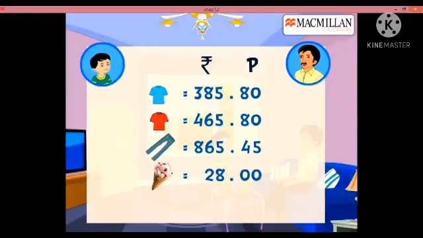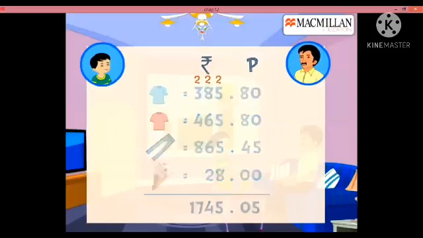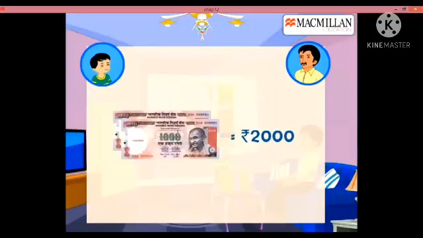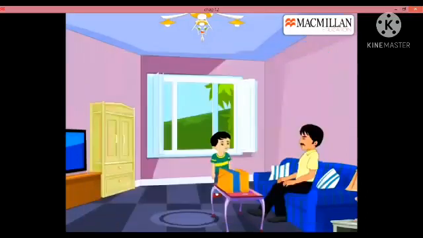Correctly done. Now add the values. Okay, Dad. Good. See, wasn't that easy? Yes, Dad. That was easy. Now let's do subtraction. All right. Now suppose your mother gave 2000 rupees to the shopkeeper. Then what amount would the shopkeeper have given back to your mother? That means to find the leftover amount, we subtract the amount spent from the total amount given. Yes, exactly. Now you put the values, subtract them, and tell me the result.